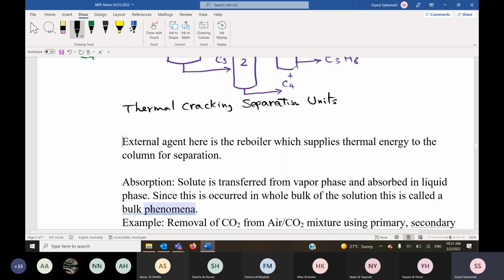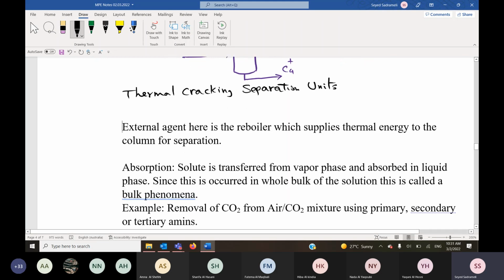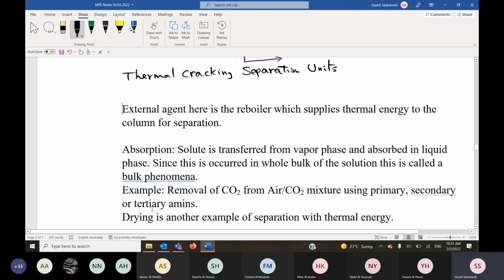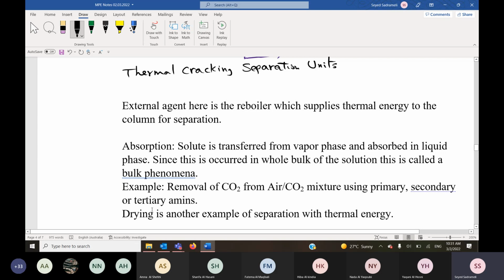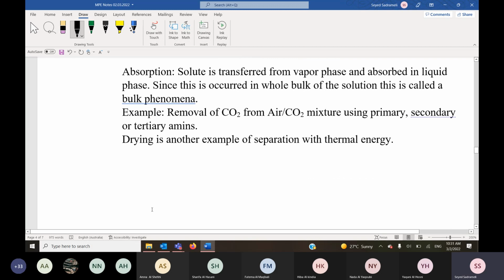There is another type of equilibrium-based separation, which is absorption. So solute is transferred from the vapor phase and absorbed in the liquid phase. Since this occurs in the whole bulk of the solution, this is called a bulk phenomenon. An example is removal of CO2 from an air and CO2 mixture using primary, secondary, or tertiary amines.